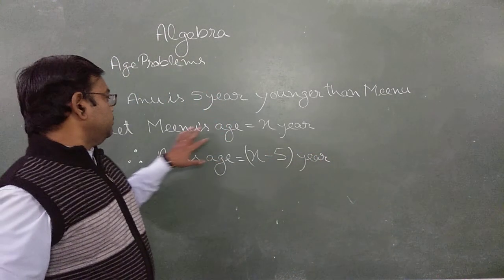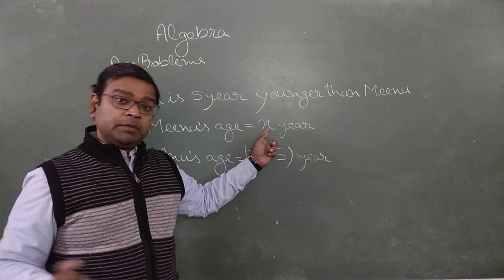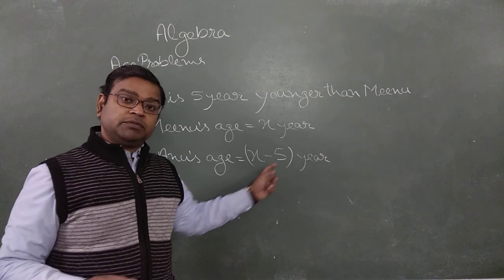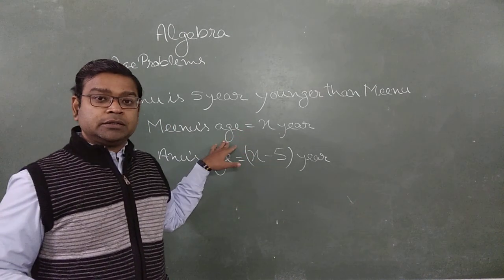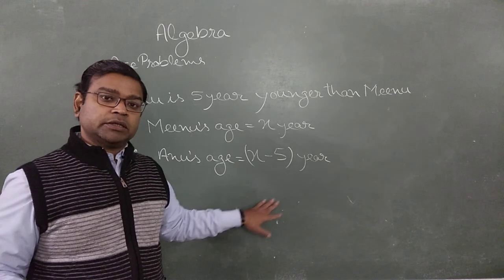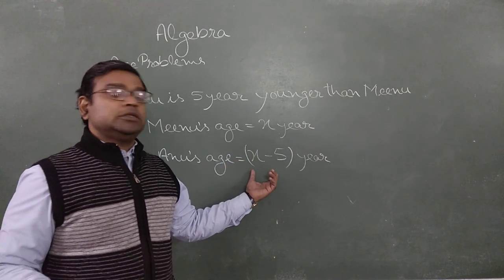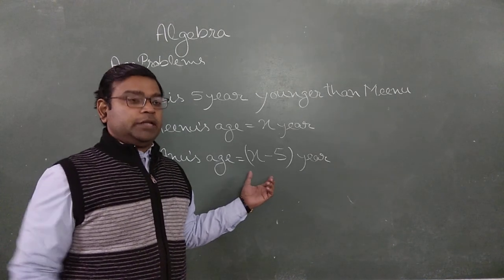Whatever Minu's age is, suppose Minu's age is 45, so Anu is 5 years smaller, so her age is 45 minus 5, it's 40. Suppose Minu's age is 10 years, so Anu's age is 10 minus 5, it's 5. So likewise you can frame or generalize the formula. Now move to the next question.